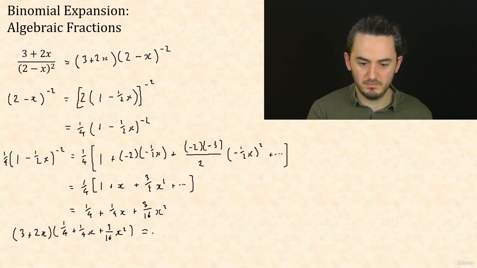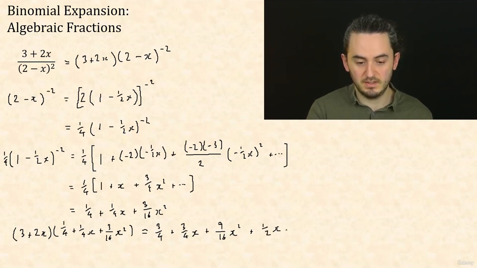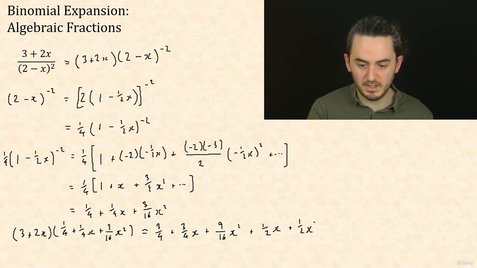Okay, 3 first, so 3 times a quarter is 3/4, and then I've got 3/4 x, and then I've got 9/16 x squared. And now the 2x, so 2x times a quarter is a half x, and 2x times a quarter x is a half x squared, and then I don't need to bother anymore because it just gives me cubic terms, which I don't want.